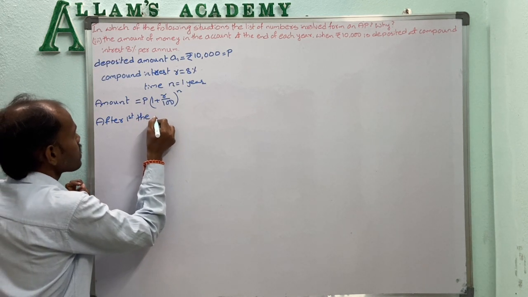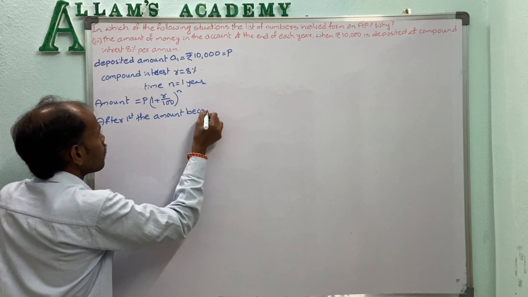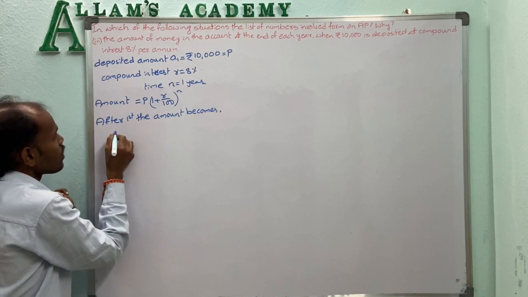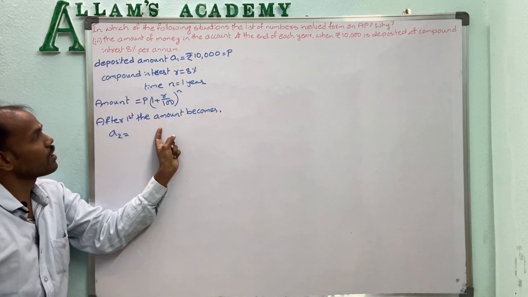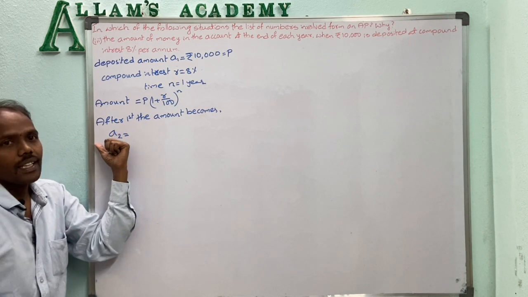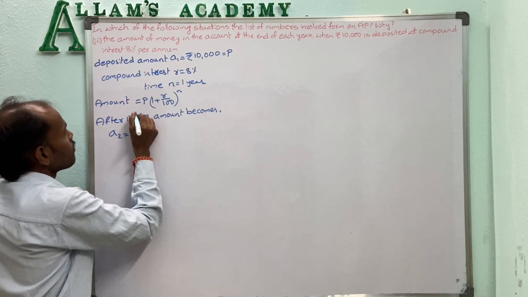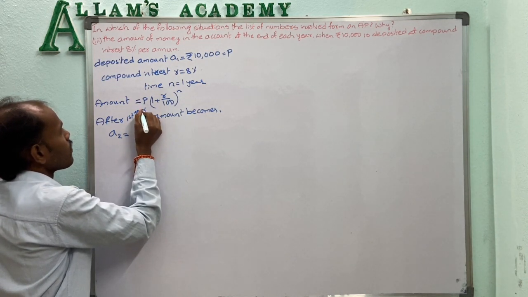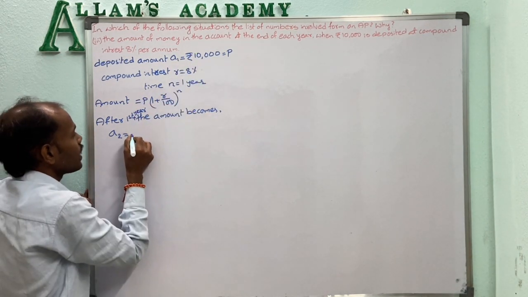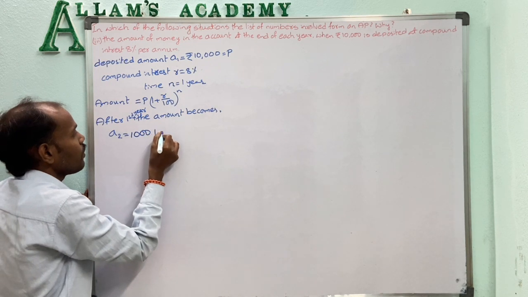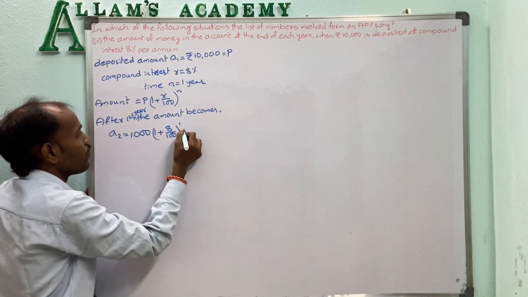Now in this formula, if we substitute the numbers, after first year the amount becomes A2. After first year means that is nothing but the second year only. So after first year the amount becomes A2 equal to P, 10,000, into 1 plus 8 by 100 whole power 1.